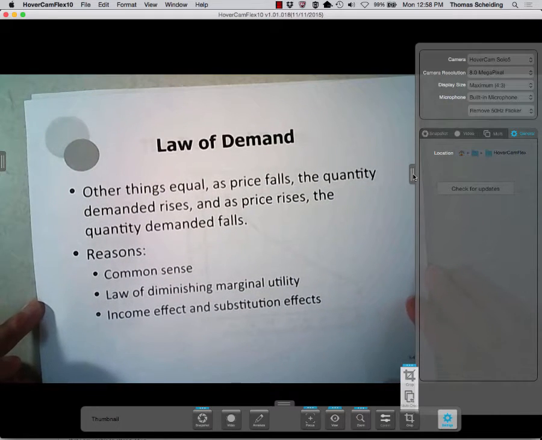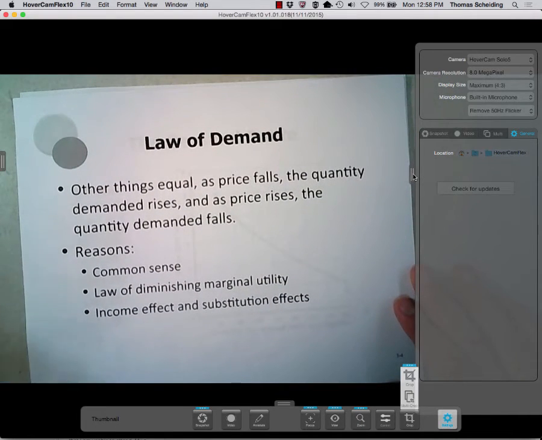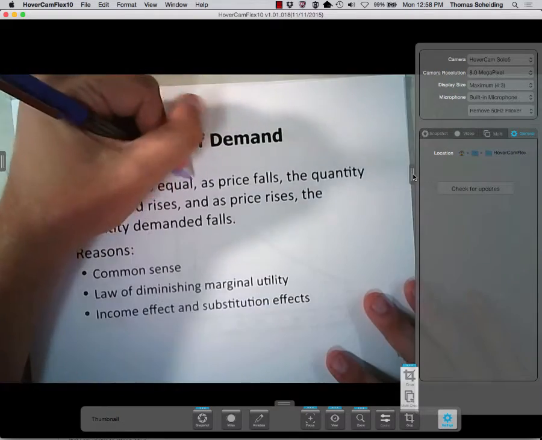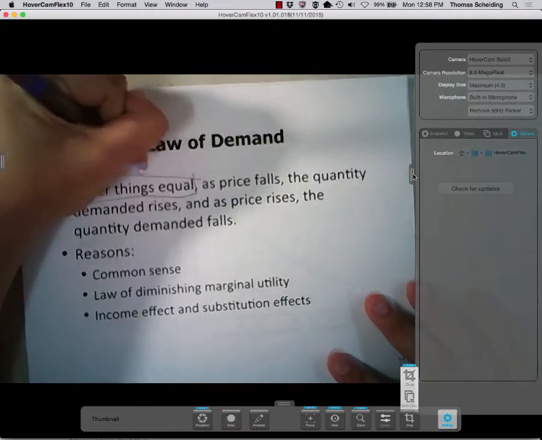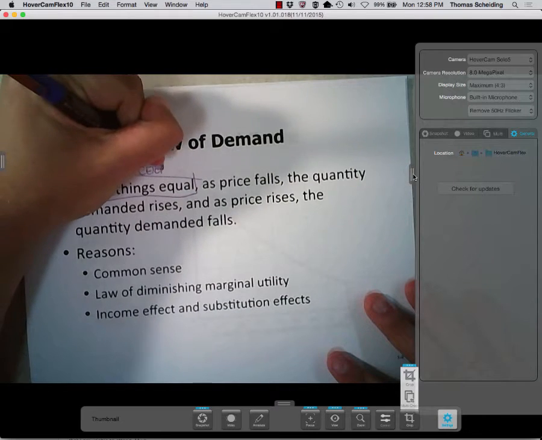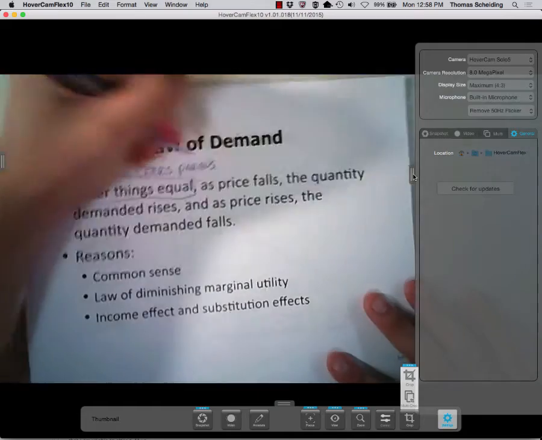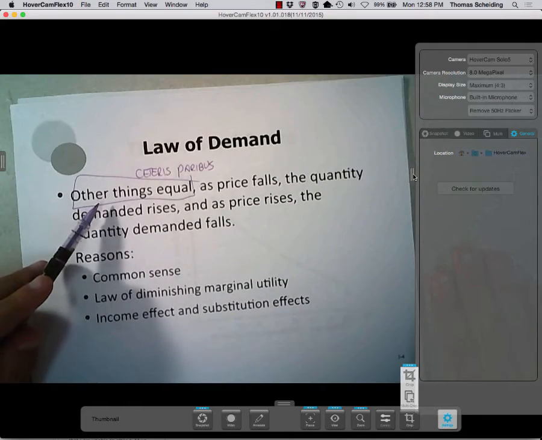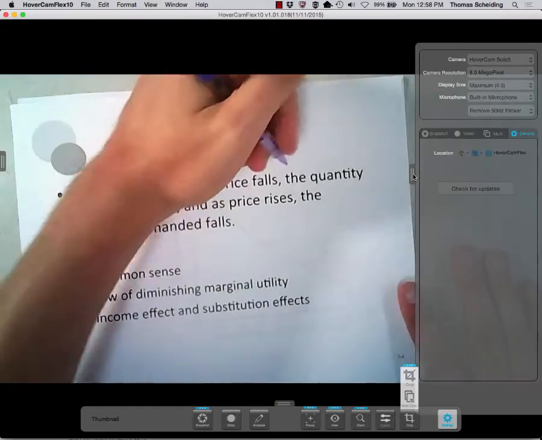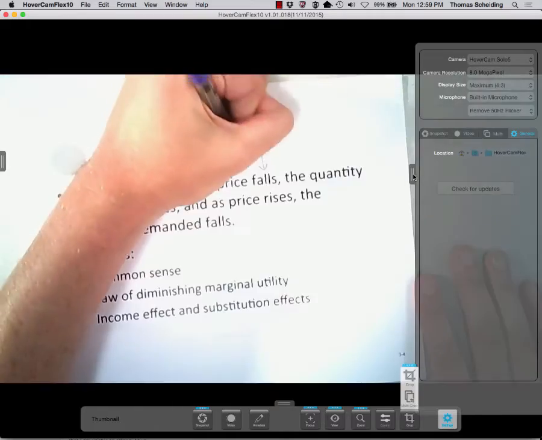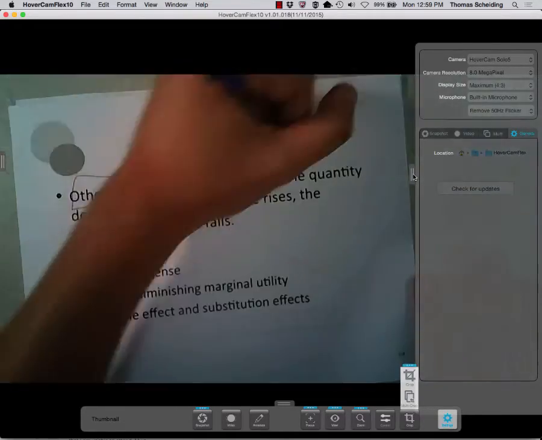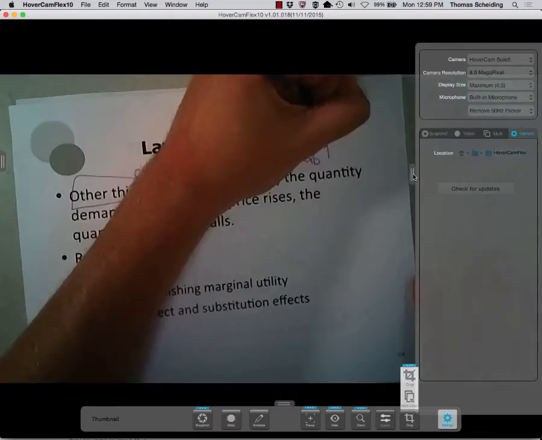What tends to be the case, if we look at that three-part definition that we just outlined, is that with all of the things being equal, or ceteris paribus, this is the Latin way of saying all of the things being equal, what tends to happen is that as the price falls, the quantity demanded rises.